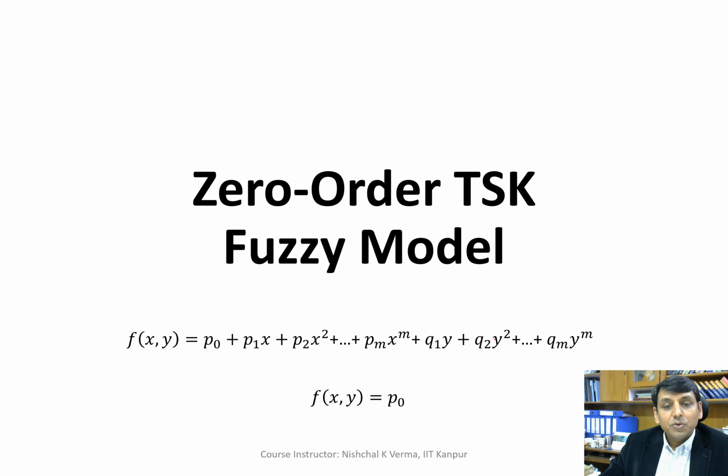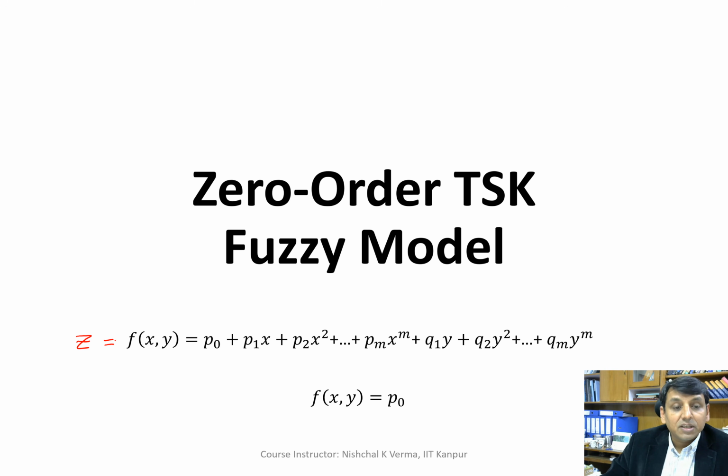So let us now start with the zero order TSK fuzzy model. As I have already mentioned, the fuzzy rules in the TSK fuzzy model will have the consequent part of this kind. The output, basically the Z, will be defined in terms of f of x comma y.